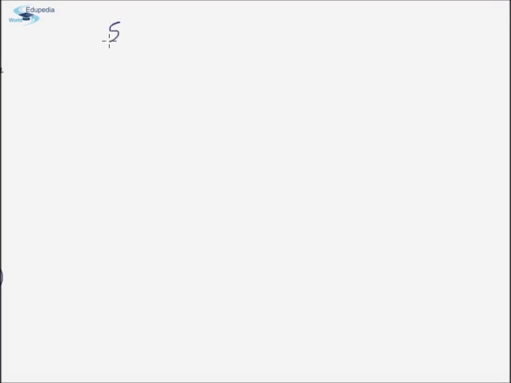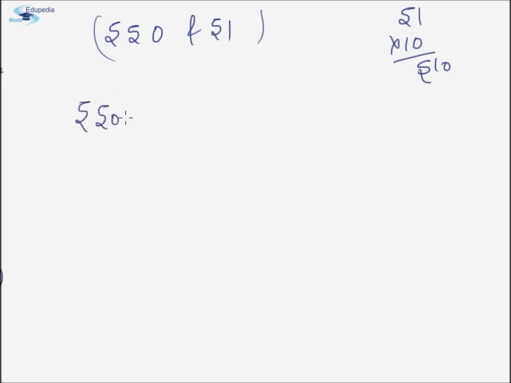Like if we have the values 550 and 51, then we know that 51 into 10 is 510. So 550 can be written as 51 into 10 plus some value which will be 550 minus 510, that is 40.